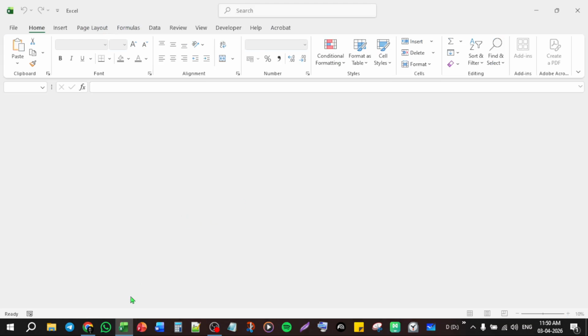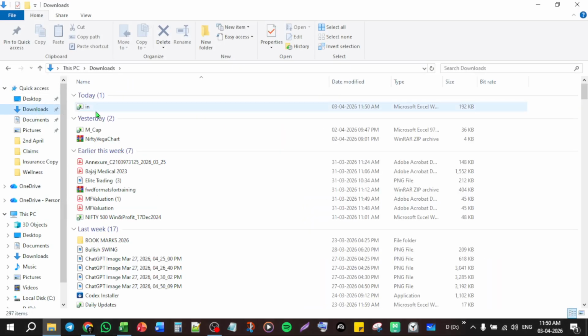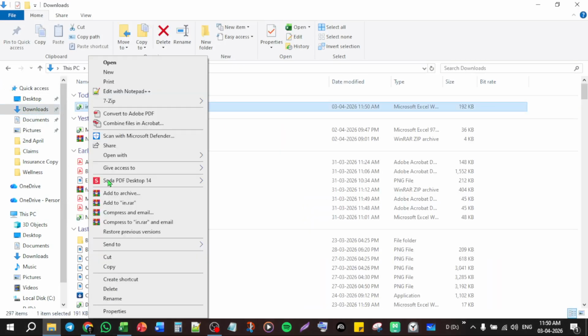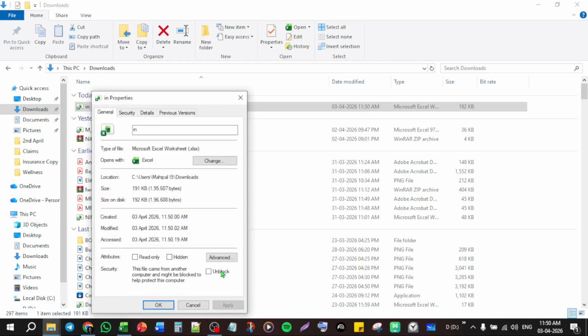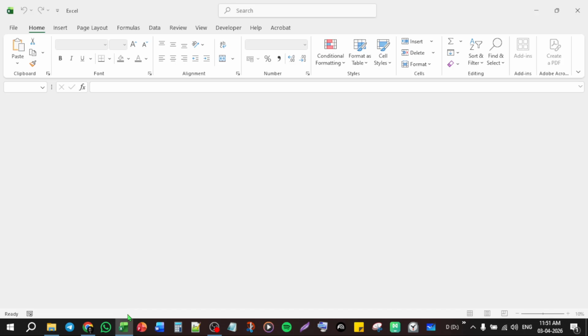Here it opens. Oh man, it's taking time. Let it open. Close this. So downloads, properties. If there is a lock, you see it's blocked. Unblock it, apply, and open it.